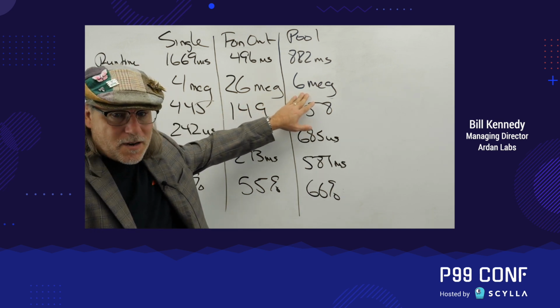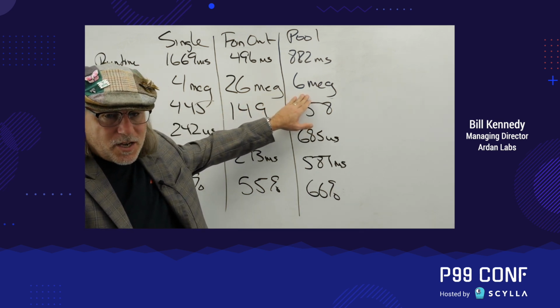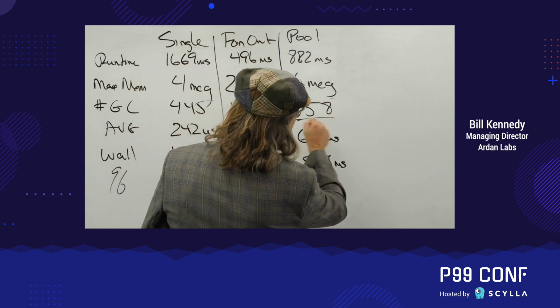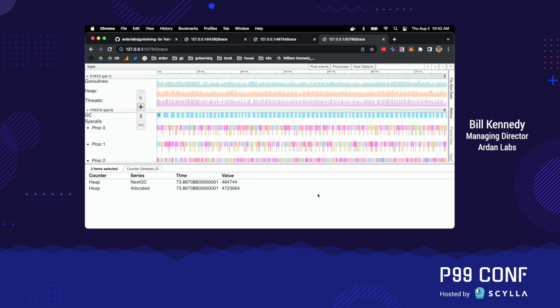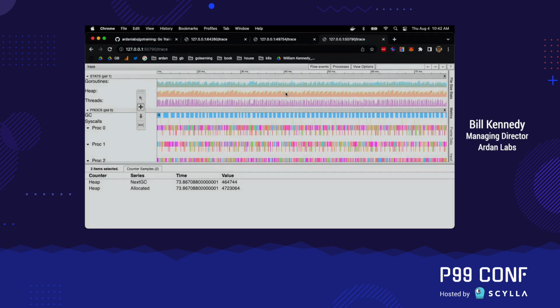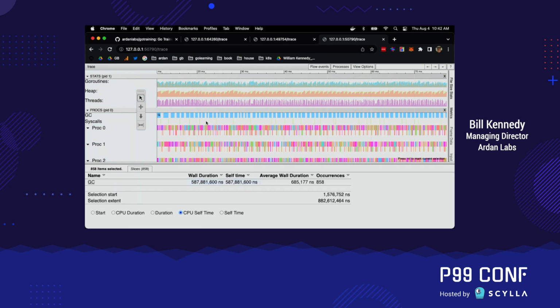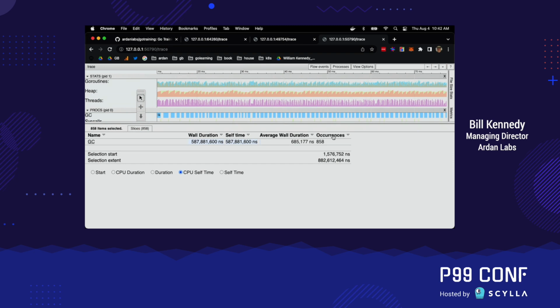But what's happening because we're keeping essentially a 4 meg heap? You can see it in the trace. With the garbage collector trying to maintain the same size heap as our single-threaded Go program, we overpaced.